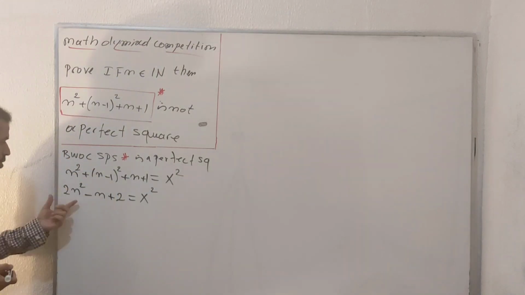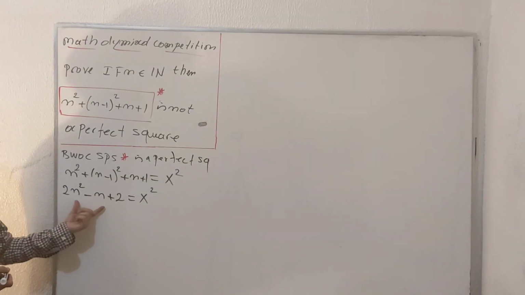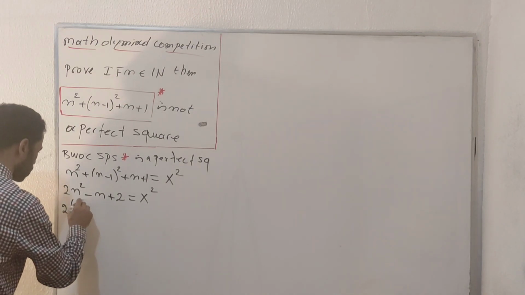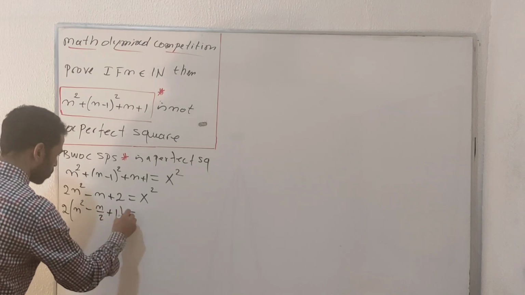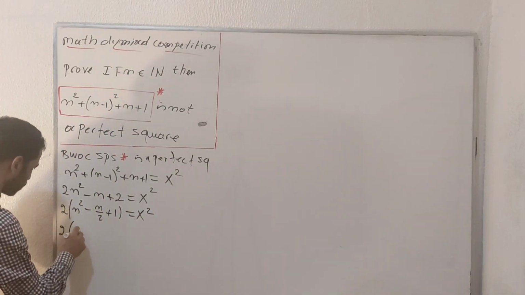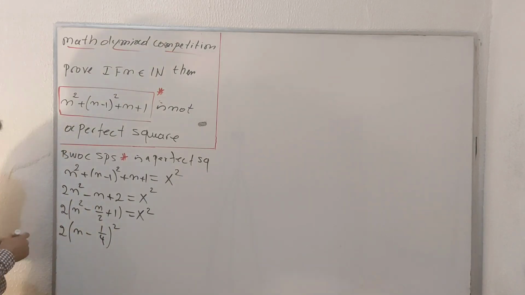In order to build up a perfect square here, clearly we are going to take this 2 as a common factor and see what the real image of this expression is. So we'll have 2 multiplied by (n² − n/2 + 1) equals x². Actually, this gives us 2 multiplied by (n − 1/4)².